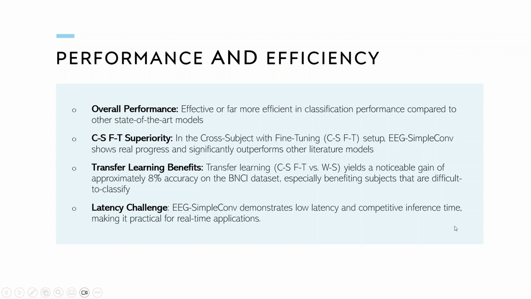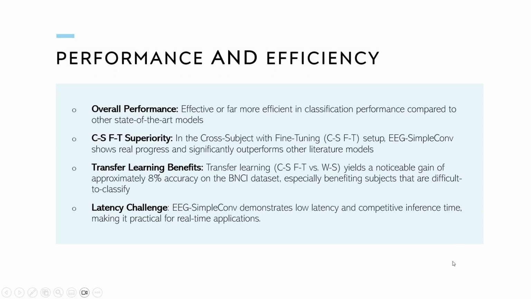Third is the transfer learning benefit. EEG SimpleConv has proved that transfer learning yields a noticeable gain of approximately 8% accuracy on the BCI dataset, especially benefiting subjects that are difficult to classify.